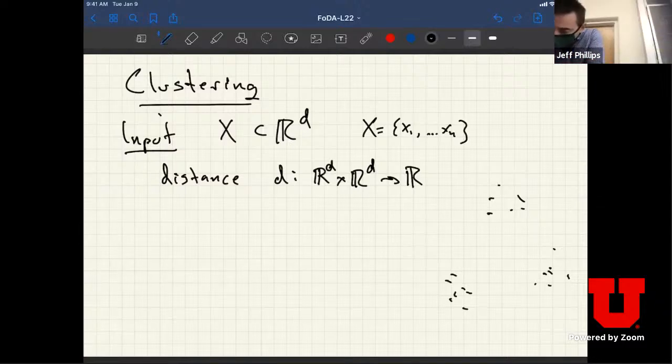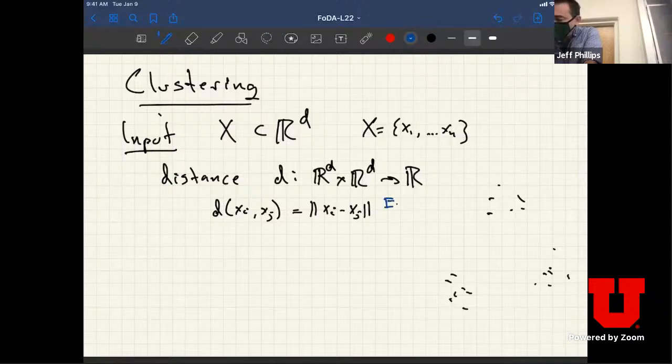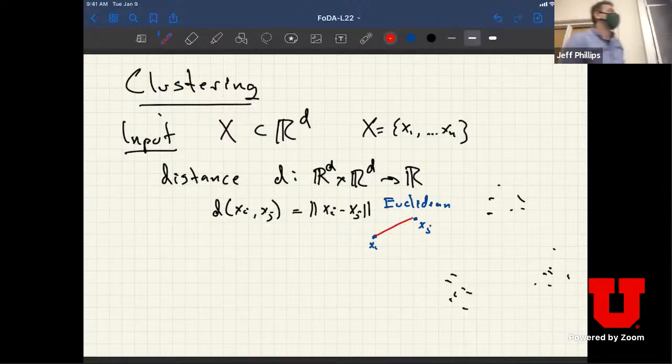In this class, we will entirely talk about the distance between xi, xj as just the Euclidean distance. That is, if I have xi, xj as two points, it's just going to be the straight line distance between them, the length of this line.